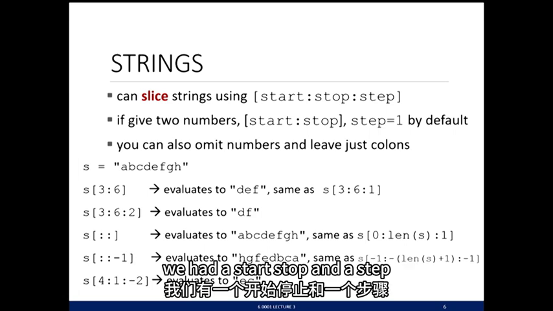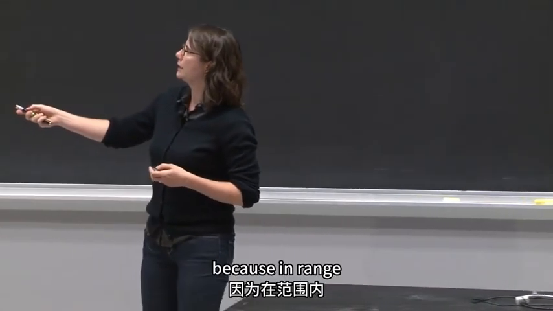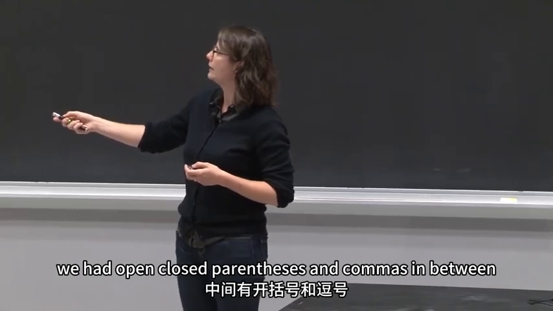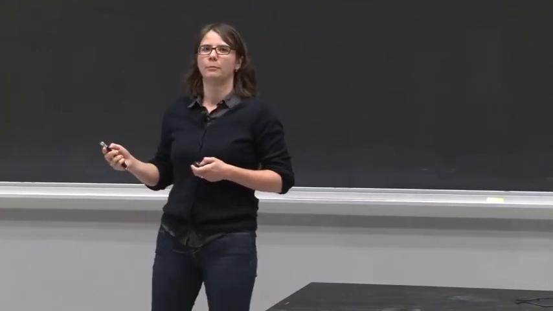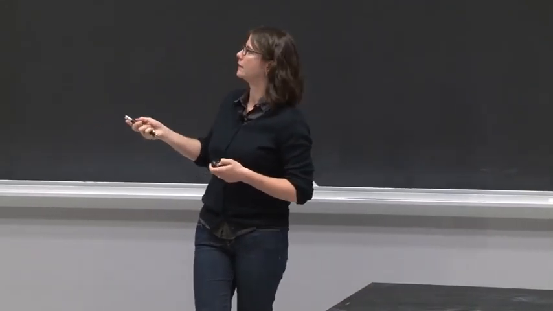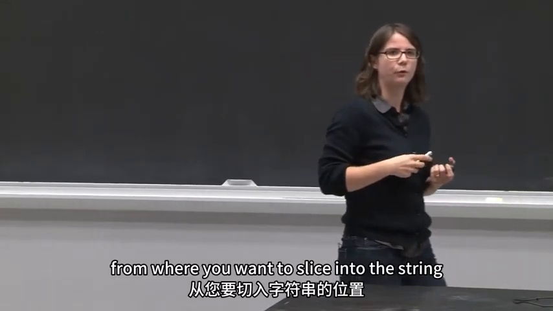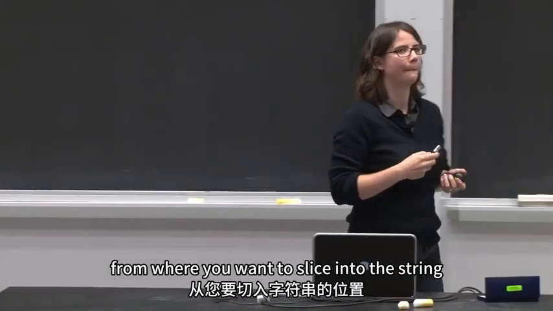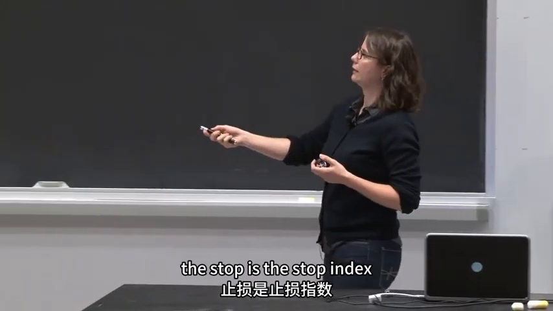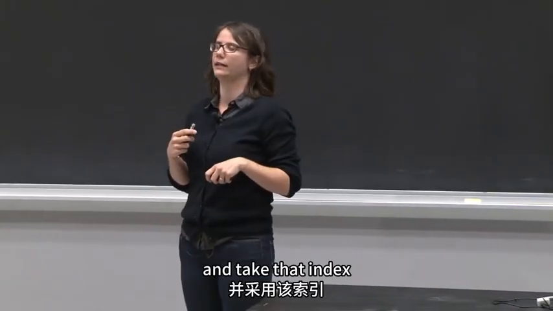We had a start, stop, and a step. The notation was a little bit different because in range we had open and close parentheses and commas in between. But except for that, this works the same. The start is the index, starting from 0, from where you want to slice into the string. The stop is the stop index, so you're going to go up until stop minus 1 and take that index.